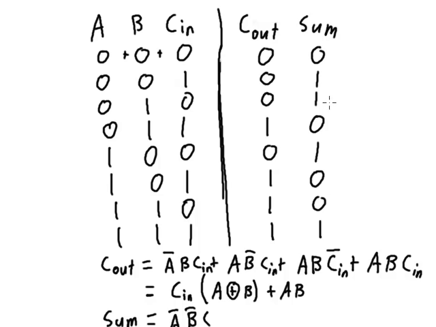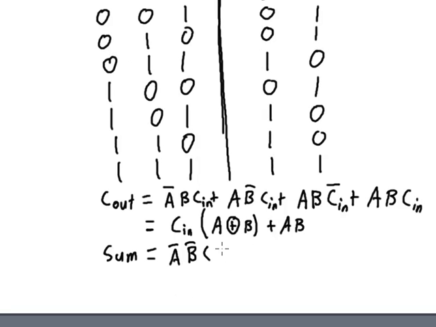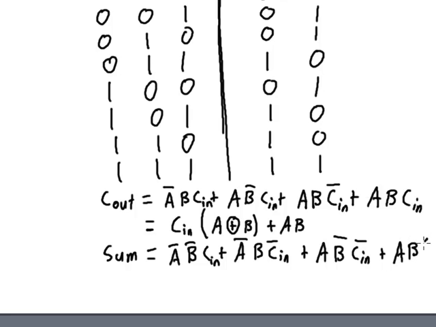Second row is not A, B, not C. Again, C in, I should be calling that. ORed with this third row here is going to be A, not B, not C in. And finally, ORed with A, B, C in.